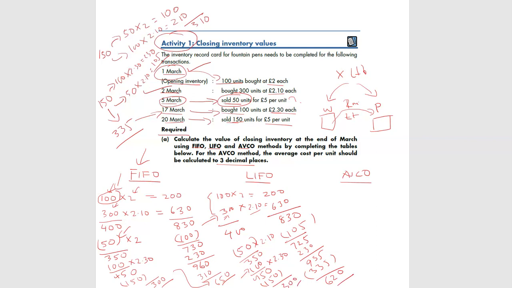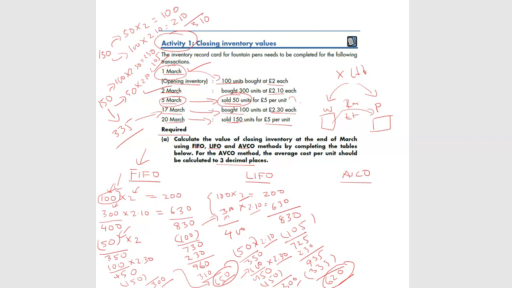So we can see if I use FIFO, the value is 650, and if I use LIFO, the closing inventory value is 620. The main reason for that is if we use the most latest price, we paid more. You can see here we paid £2.30 per unit, then £2.10 per unit, and before we paid only £2.